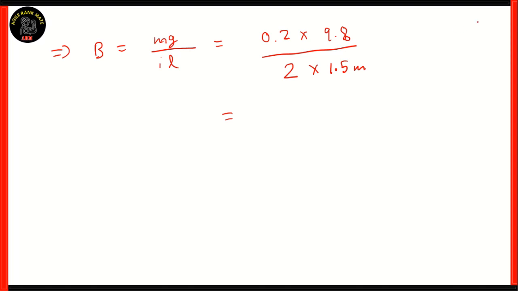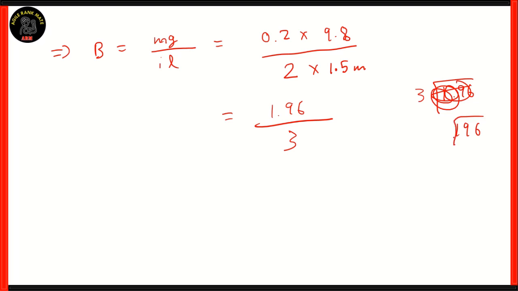9.8 times 0.2 will give you 1.96. Divide that by 2 times 1.5, which is 3. So all you have to do is 1.96 over 3, which you can't really do by long division, so you just do 196 over 300. 196 doesn't go into 300, so that's 0.